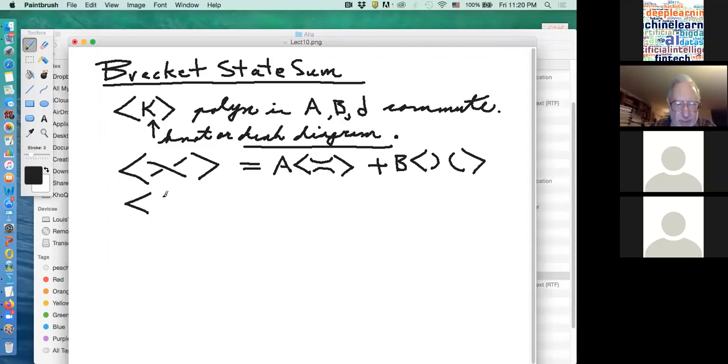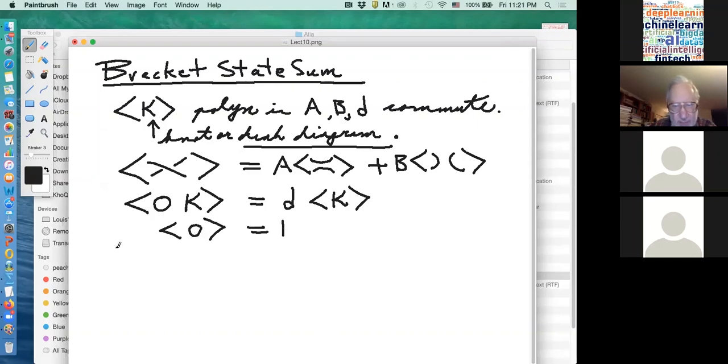And if there's an extra loop in the diagram disjoint from the rest of the diagram, then you are going to multiply by D. And for our purposes, since we like it normalized, we're going to say that this is equal to 1.